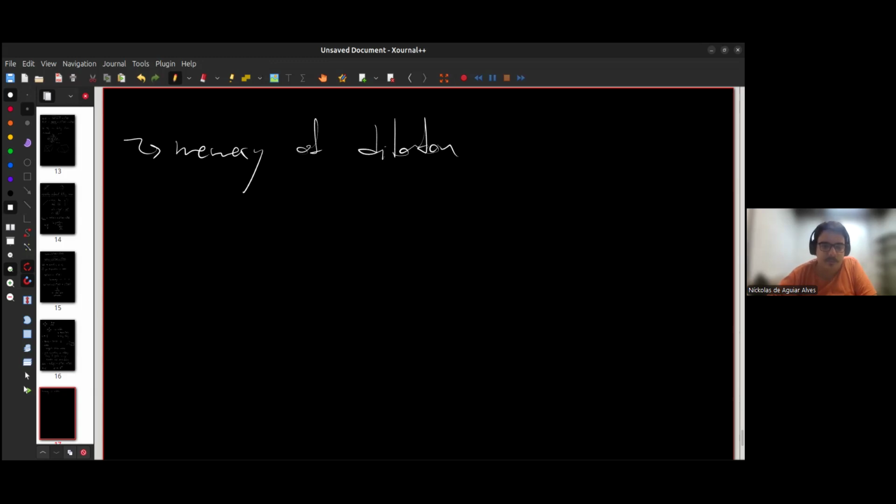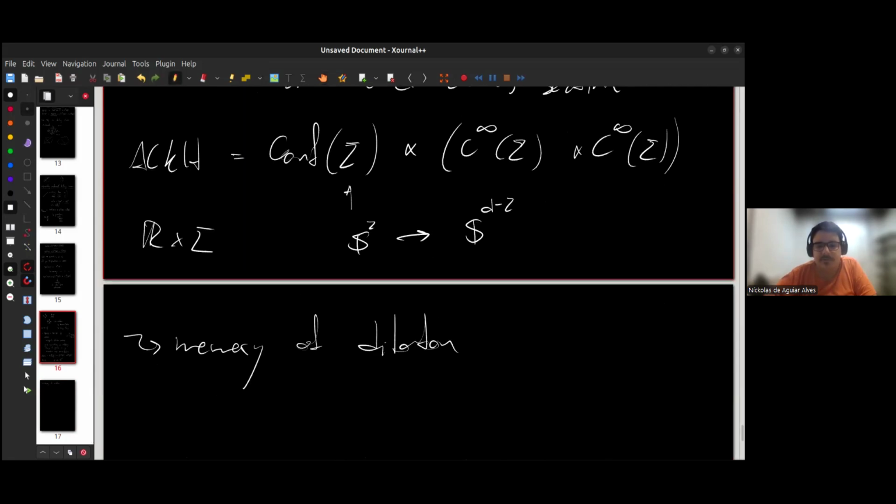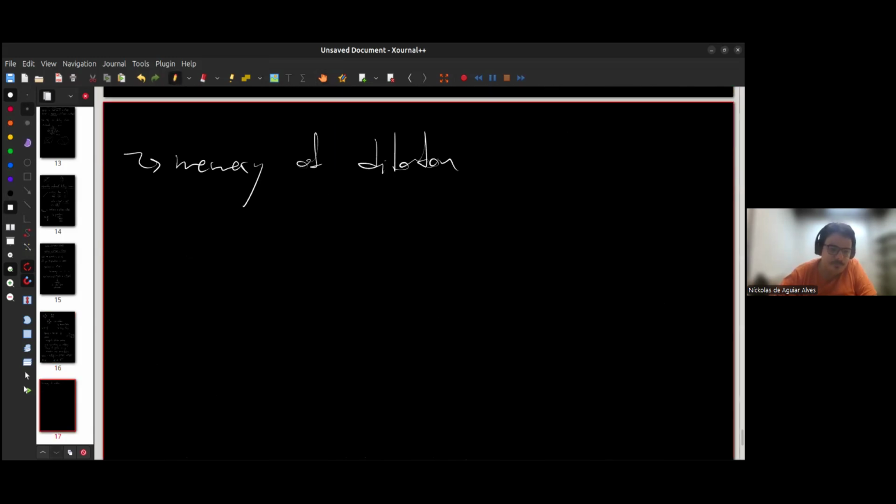People have worked with memory of a dilaton field before, but it was never very clear how exactly you should interpret it. And this picture with what we call superdilations, which are this extra factor here, seems to give a very natural explanation, among other things, such as trying to consider bifurcate horizons and see whether this leads to more specific notions of symmetry.